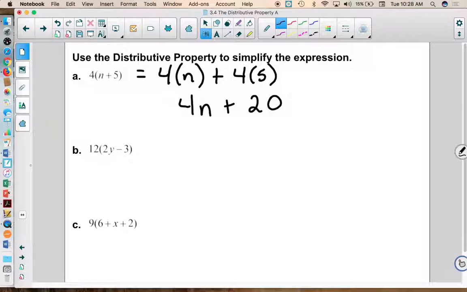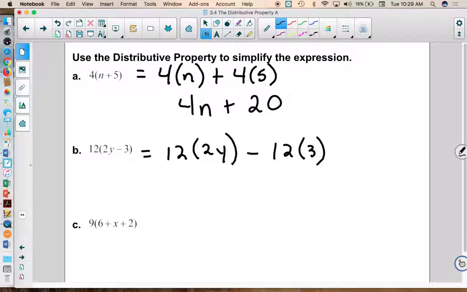Okay, now simplify. You're right, that expression there is correct. As I walk around, what I should be seeing to start with is 12 times 2y minus 12 times 3. And then I've got to simplify it. And 12 times 2y is going to give me what?